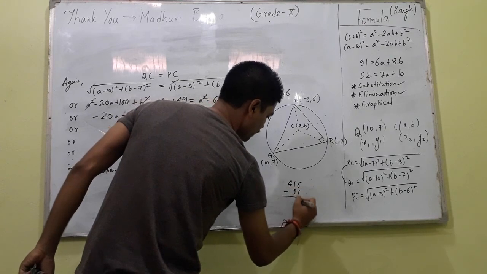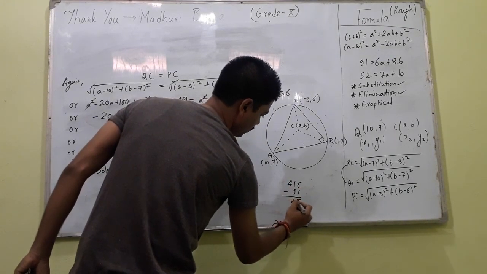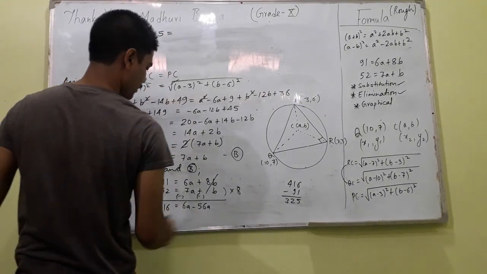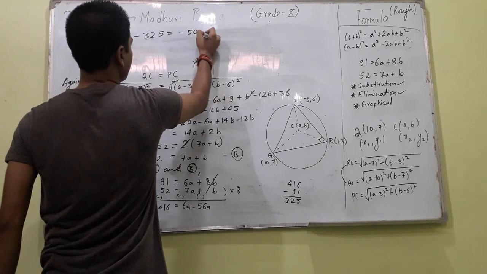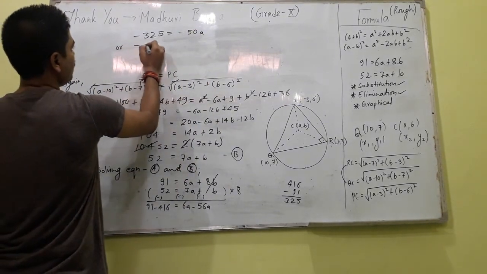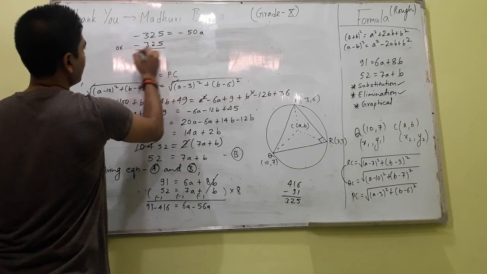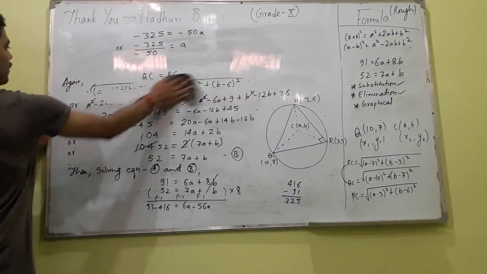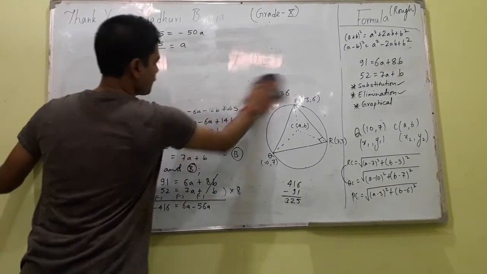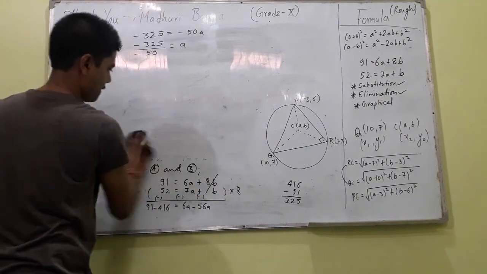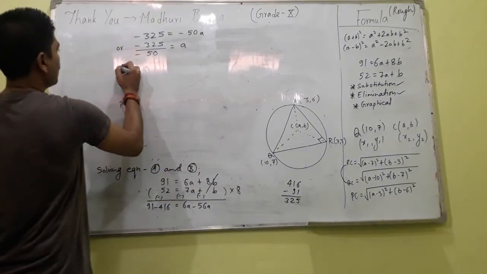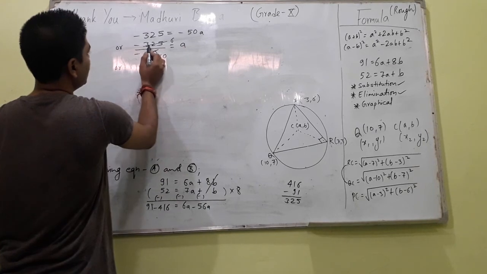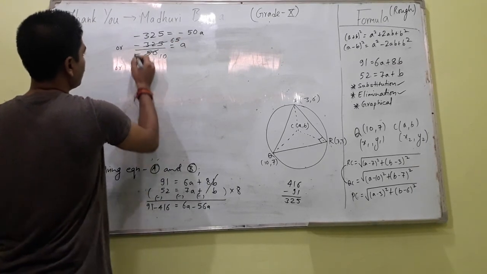91 minus 416, minus 325 equals 6a minus 56a, minus 50a. Or minus 325 divided by minus 50 equals a. The minus will be cancelled.